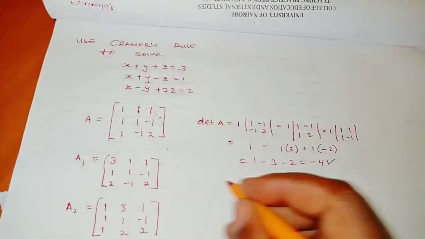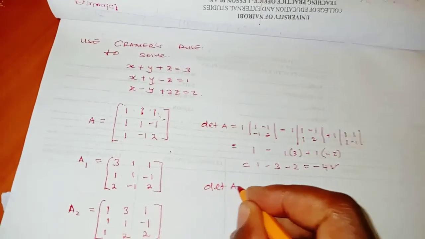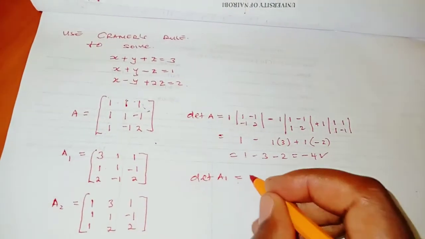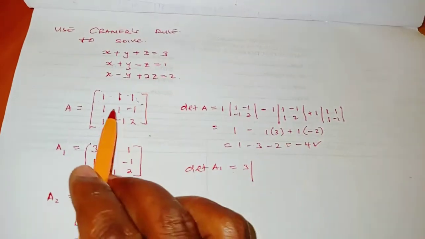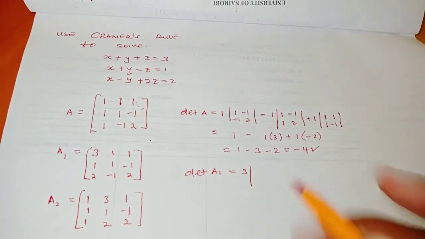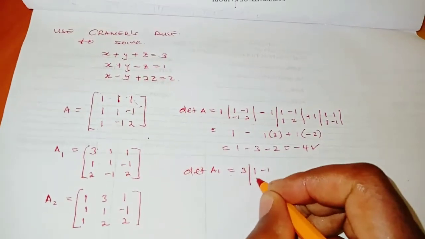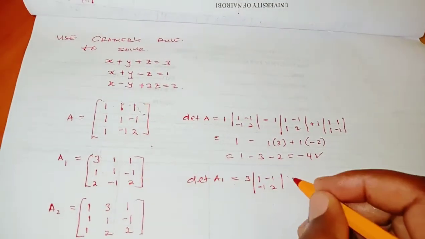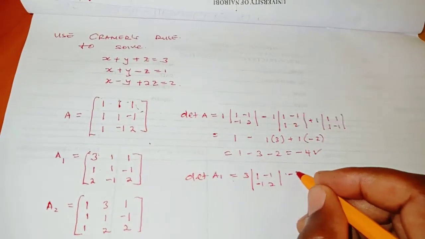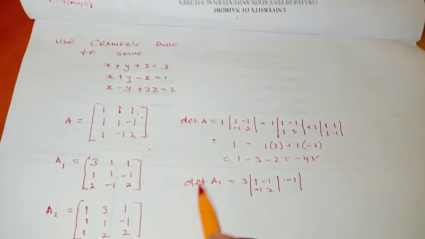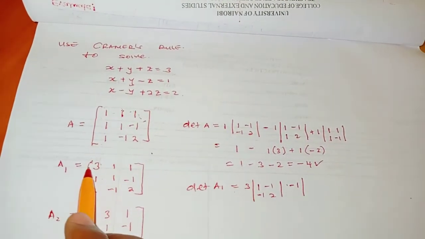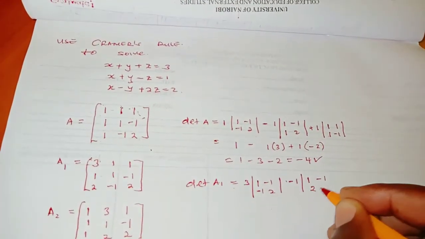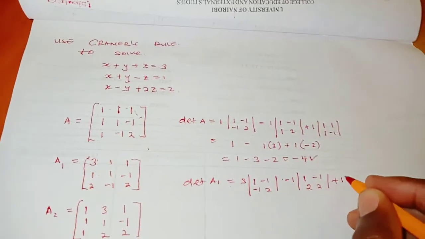Alright, so we go to the determinant of A sub 1. We take the first element, then proceed using the cofactors. We block the first row, first column, and we have 1, negative 1, negative 1, 2. Then we have plus, minus, plus, so for the second element we have a minus 1. Then the 2 by 2 matrix when we block the first row, second column is 1, negative 1, 2, 2, then plus 1.